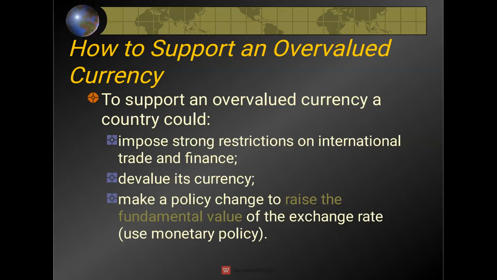How do you support an overvalued currency? A country could, number one, impose strong restrictions on international trade and finance. You can devalue the currency. You can make a policy change to raise the fundamental value of the exchange rate.